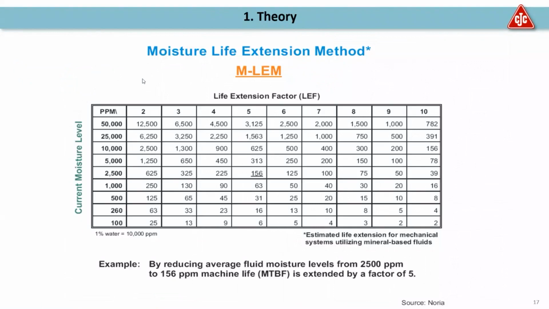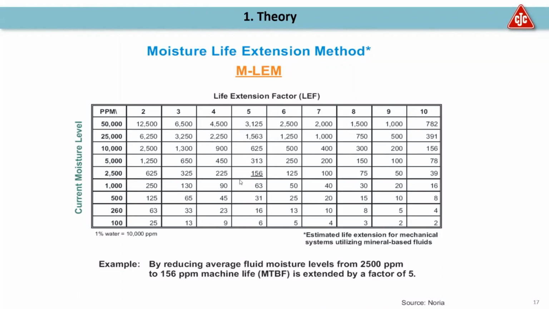Same here with moisture. Let's say you have a 2500 ppm moisture content in your oil sample, and you want to definitely be below 200. Most mineral oils have a solubility of water in oil of around 200 to 400 ppm, meaning it is dissolved and doesn't show any milkiness.